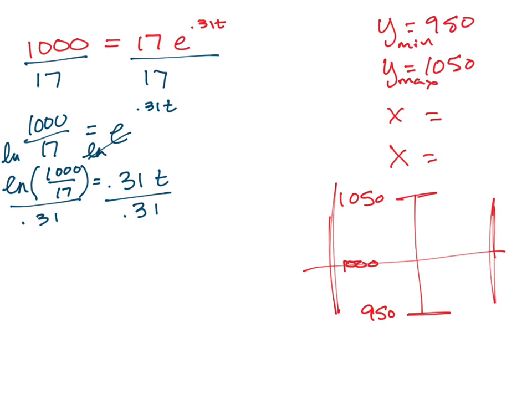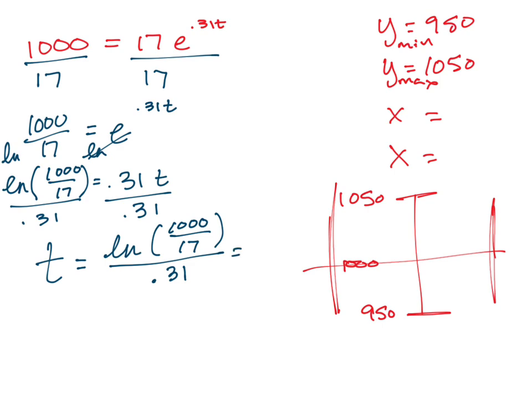So t is going to be equal to the natural log of 1,000 over 17 divided by 0.31. That wasn't even gross. And I think that's faster than trying to find a window that fits your intersection. So type on your calculator the natural log of 1,000 over 17 divided by 0.31.